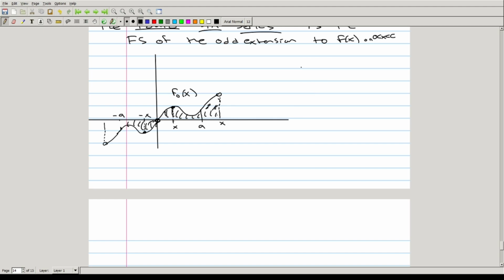But now, if you go through and do the Fourier series of such a function, you'll end up getting that Bn is 2 over L integral from negative L over 2 to L over 2 of f odd of x sine of 2n pi over L x dx.